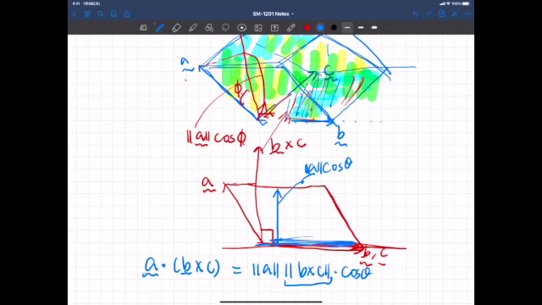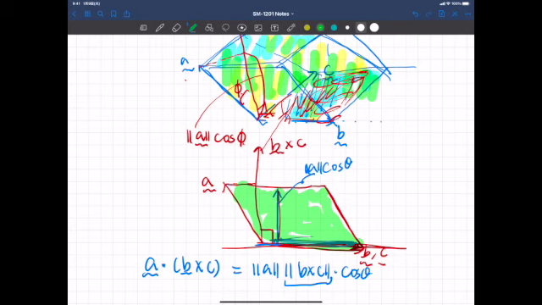So this area times this height means the volume of this parallelepiped. So this triple product corresponds to the volume of this solid.